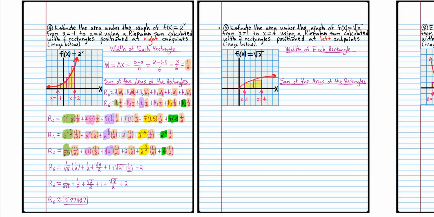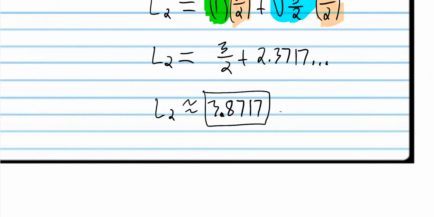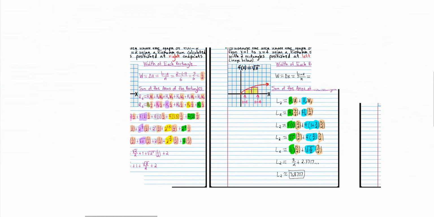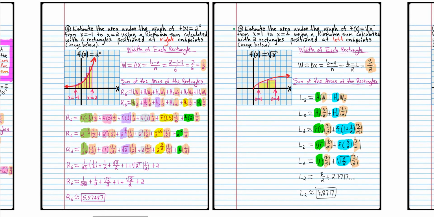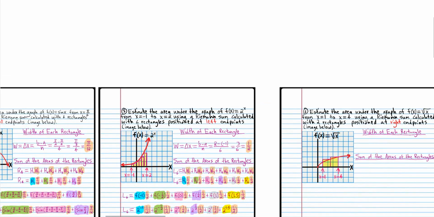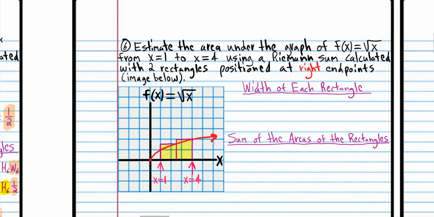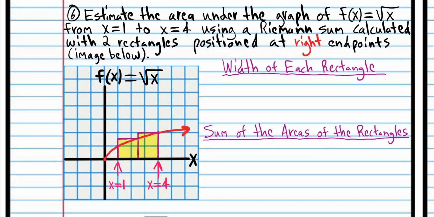Okay, we're back. So if you got that answer, good. So I want you to take a picture of these two problems here and use them to help you do number 6. Number 6 is the exact same problem, except now we're using right endpoints.